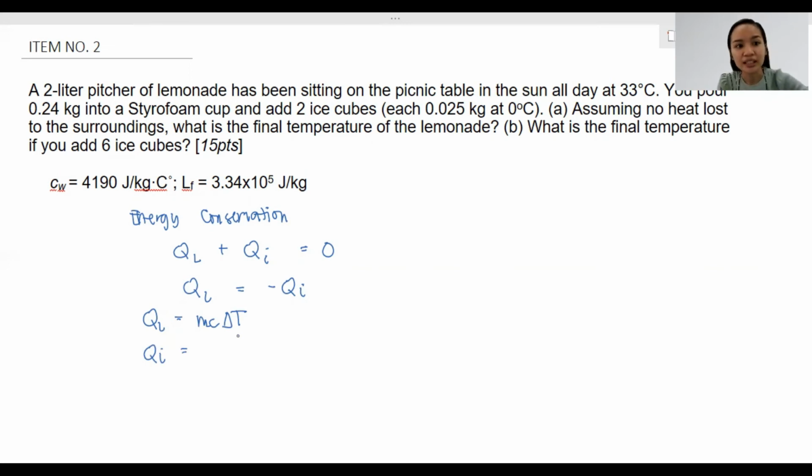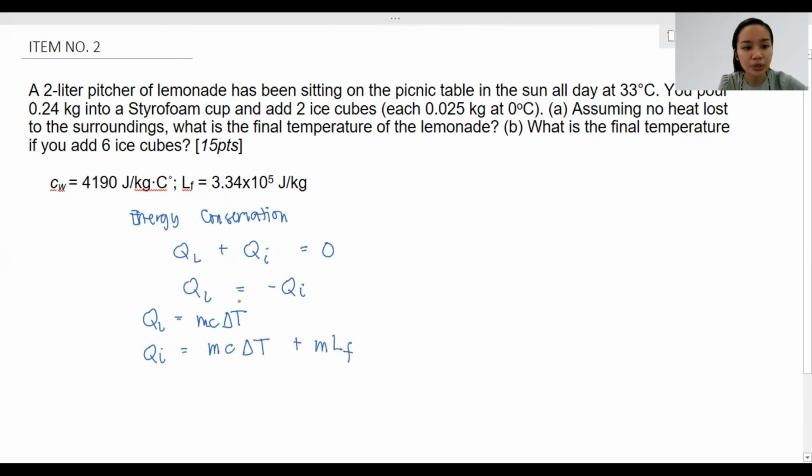Pag nilagay na natin siya doon sa lemonade, the heat during that time is at 33 degrees Celsius, yung heat ng surroundings. So may possibility na mag-melt talaga yung ice. So we are going to use MC delta T plus MLF.